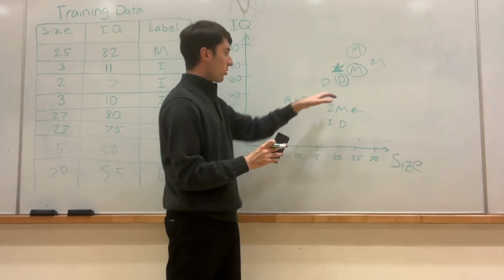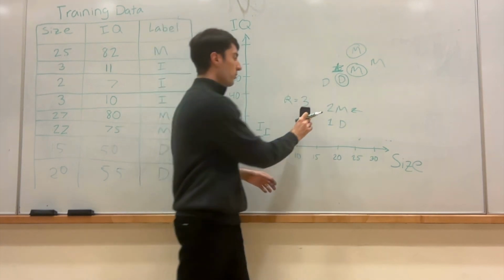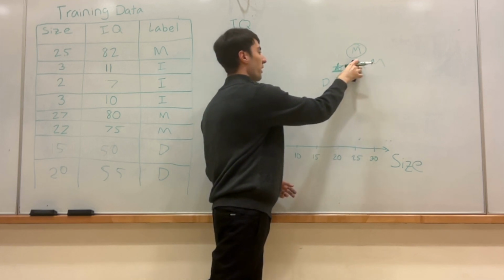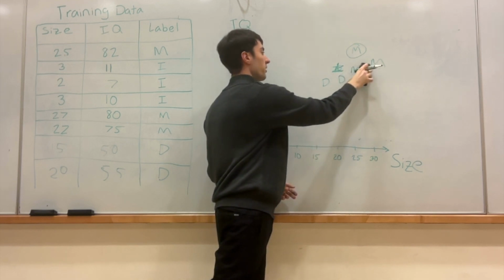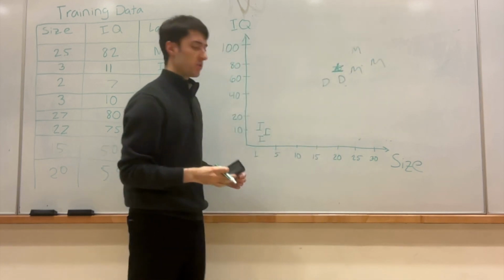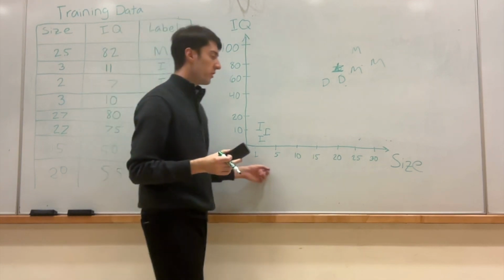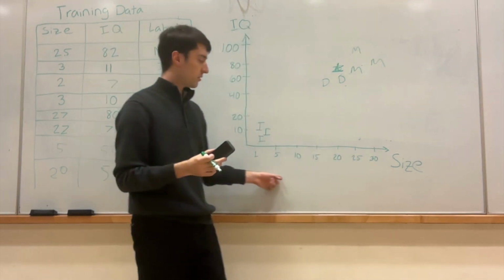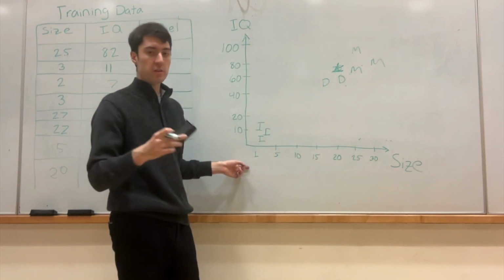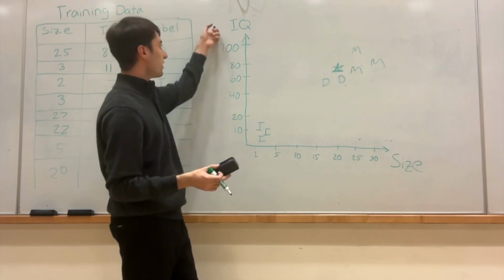And so this has 3 classifications, and I want to point out that this is still 3-dimensional. Okay, let's look at the dimensionality of this. What are the dimensionalities? Here's 1 dimension. We have size. Okay, this is 1 dimension. This is 1 input. What is the other input? IQ.